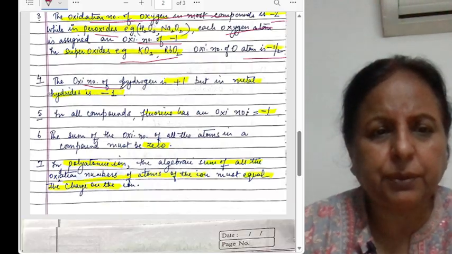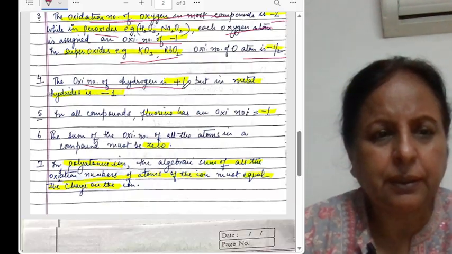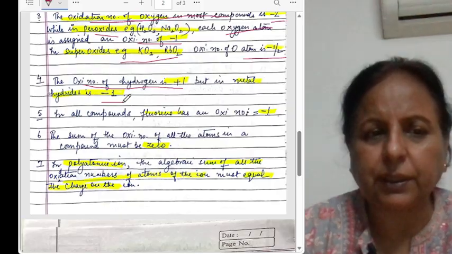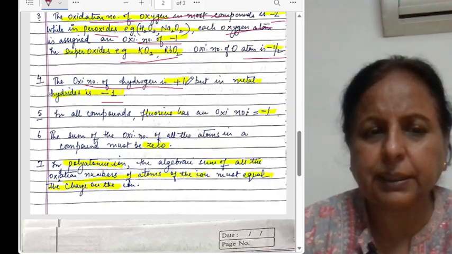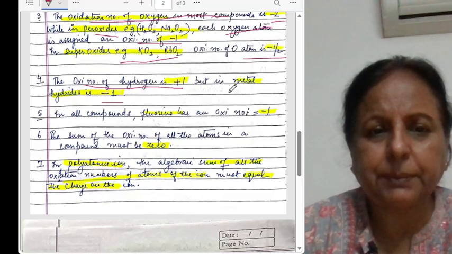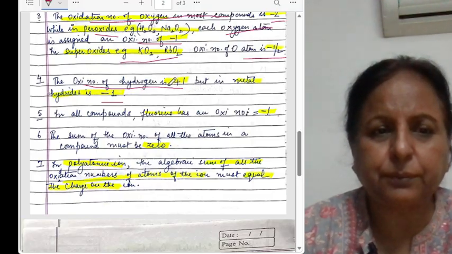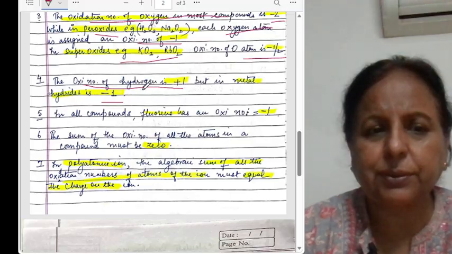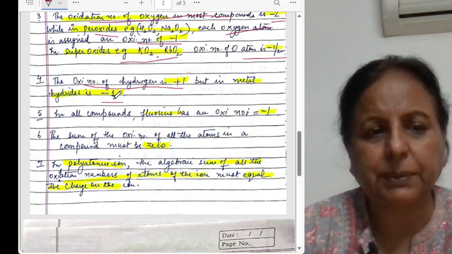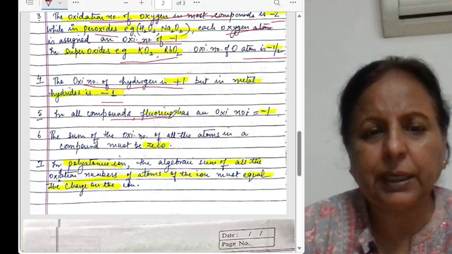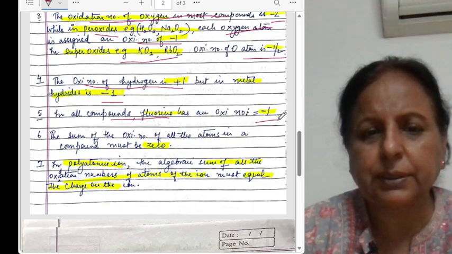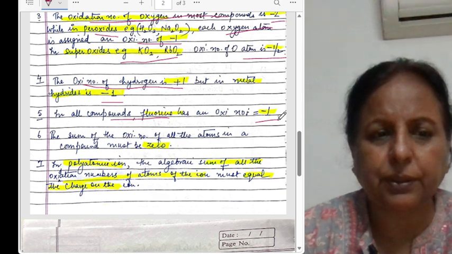Now the oxidation number of hydrogen is +1, but in metal hydrides it is -1, because hydrogen easily can give 1 electron, but in metal hydrides, because in metals most electropositive atom के साथ जब attach होते हैं, then इनका -1 माना जाता है. Fluorine has oxidation number -1 because it always accepts 1 electron.